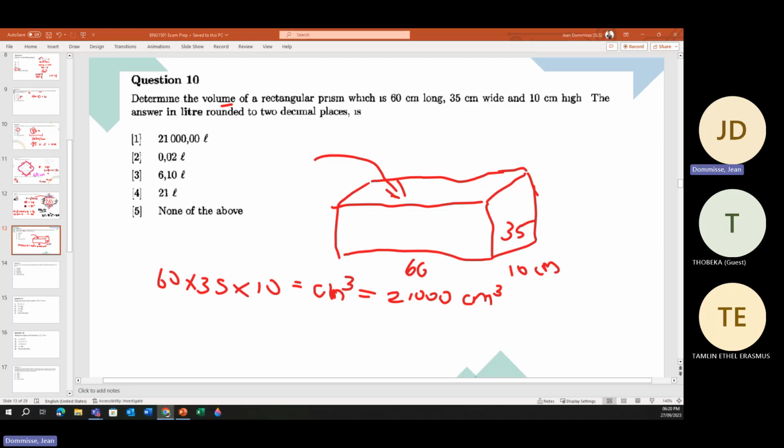I know in one of the presentations that we did earlier, there was one slide where we transformed centimeters into liters.